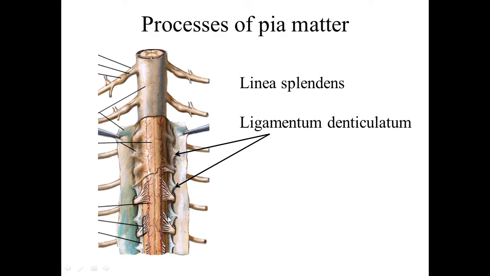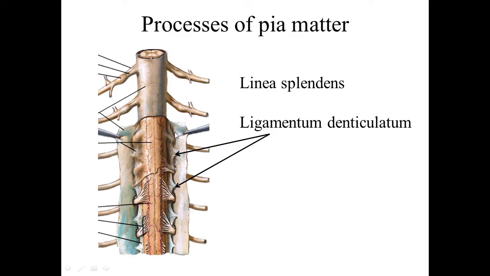Can you see these teeth-like structures? So this ribbon-like band having teeth-like structures is called the ligamentum denticulatum. There are around 21 teeth, and the function of the ligamentum denticulatum is to hold the spinal cord in a central position.